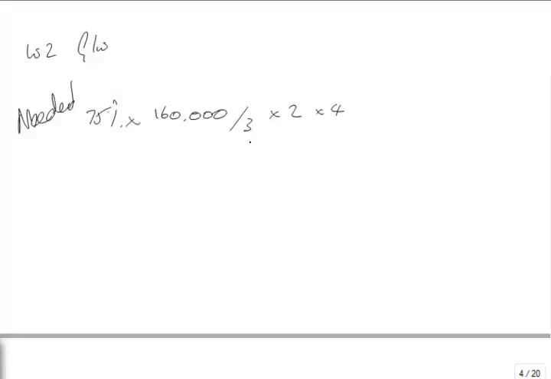120 divided by 3 is 40. 40 times 2 is 80. 80 times 4 is 320. So we've got $320 million. But the number of shares, that's 120 divided by 3, 40, is 80,000 shares issued at a premium of $3.